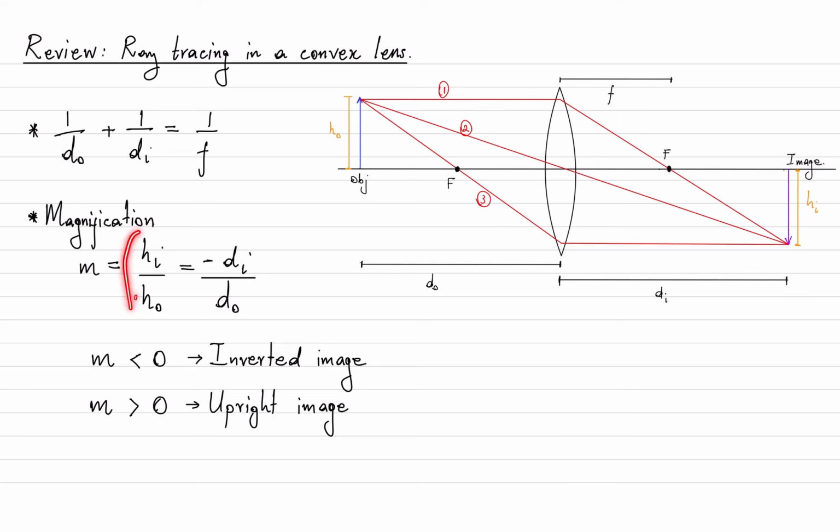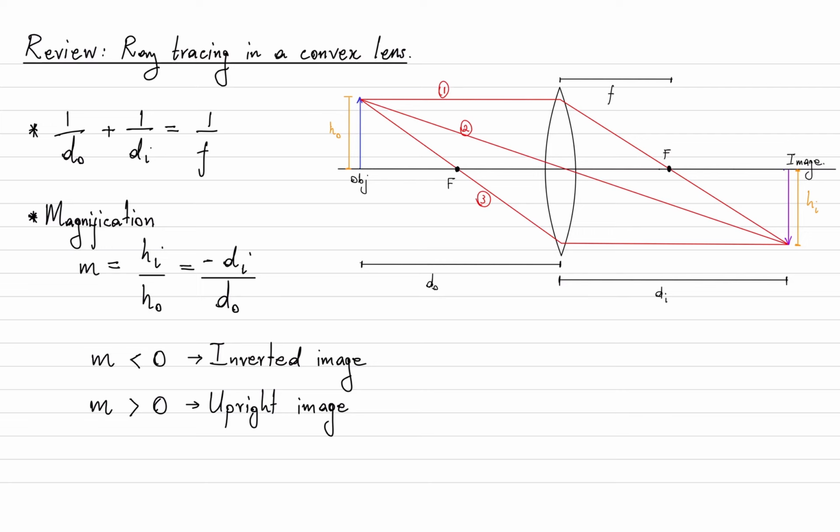If this ratio were 2, it would mean the size of the image is twice that of the object. Hence, this lens would be functioning as a magnifying glass, making the image look larger than the object.